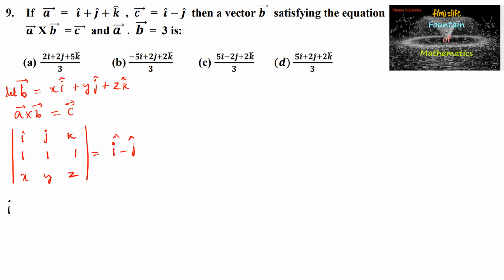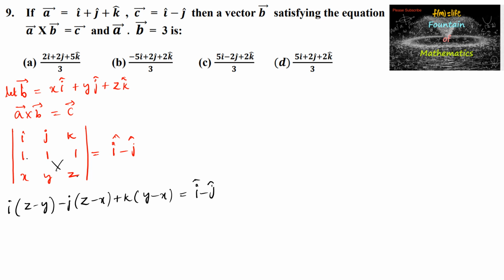So we can write i times of, using the determinants, 1 times of z minus y, minus j times of 1 into z minus x, that is z minus x, plus k times of 1 into y minus x, that is y minus x, is equal to i minus j.